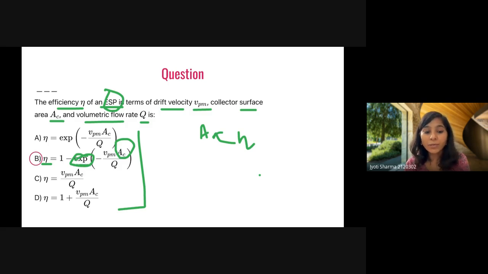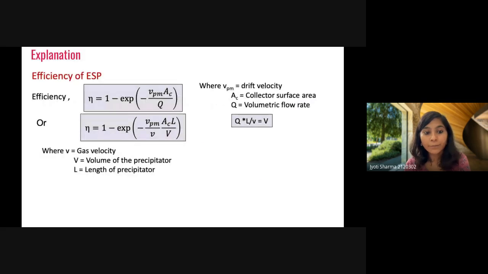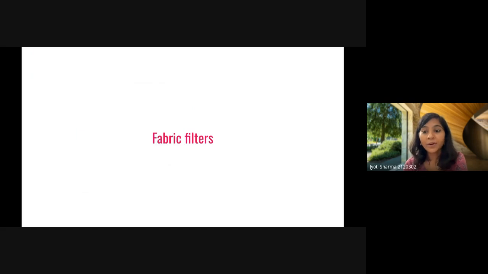So this is how B will give you the right option. Here you can say this is 1 minus exponential minus VPM AC upon Q, and we have already learned about these things.